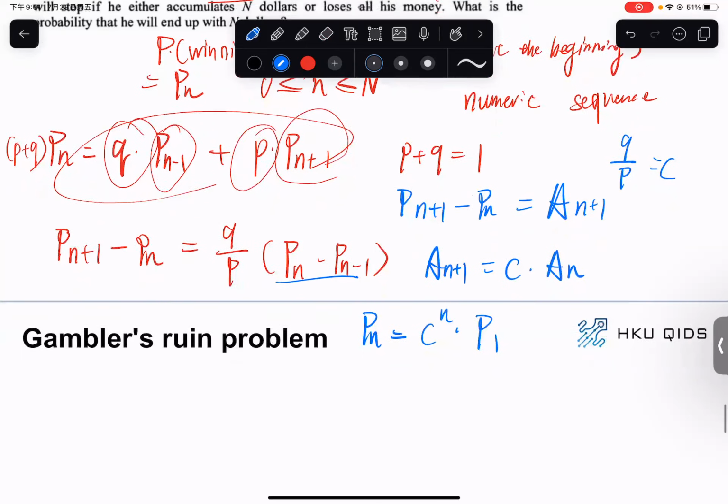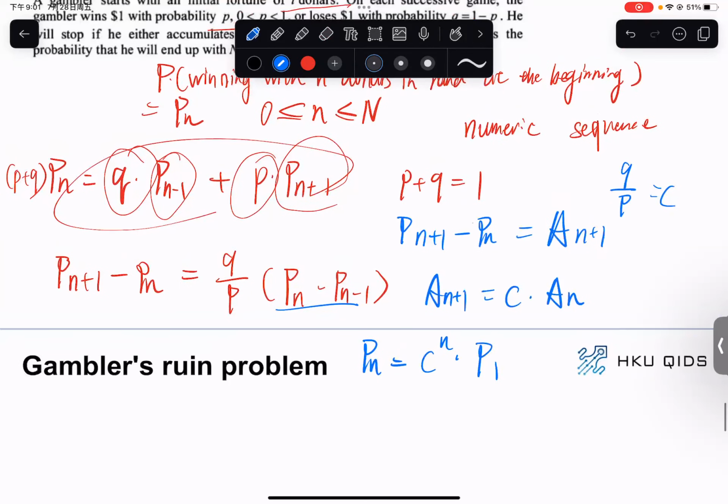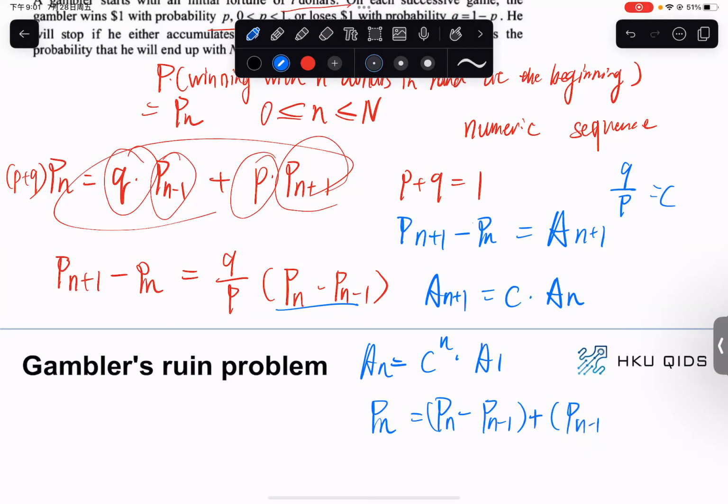Sorry, this is A. This is A. An is going to be C to the n minus 1 times A1. And we know that if we want to find Pn, it equals Pn minus Pn minus 1 plus Pn minus 1 minus Pn minus 2, all the way to plus P2 minus P1 plus P1 minus P0.